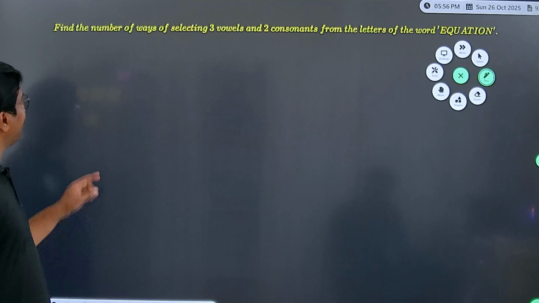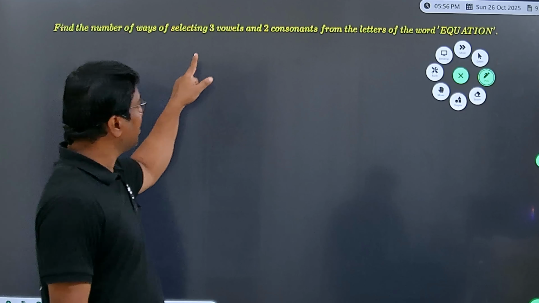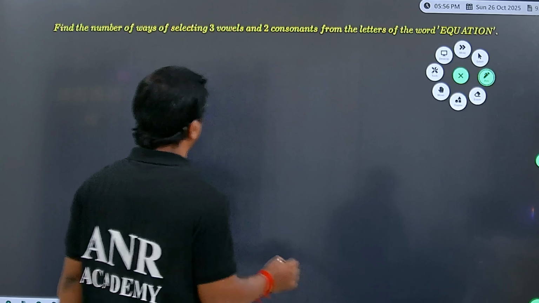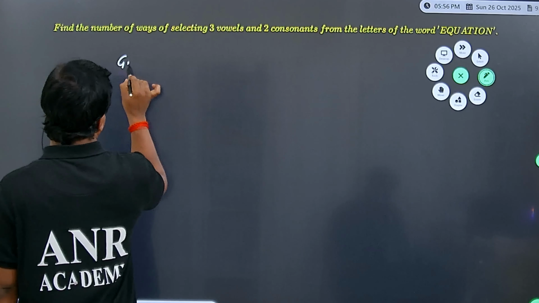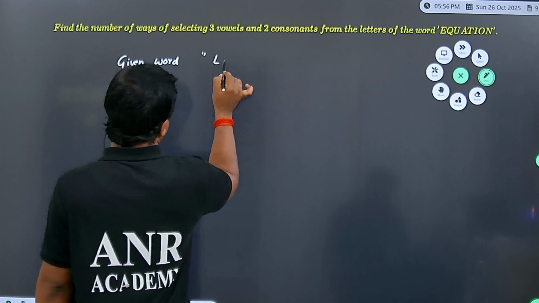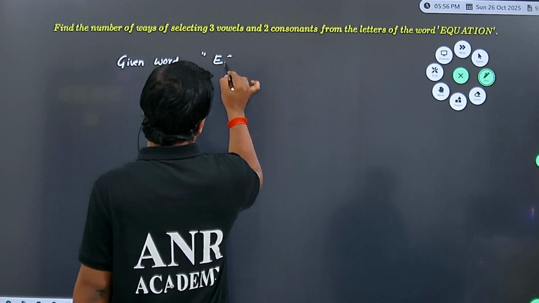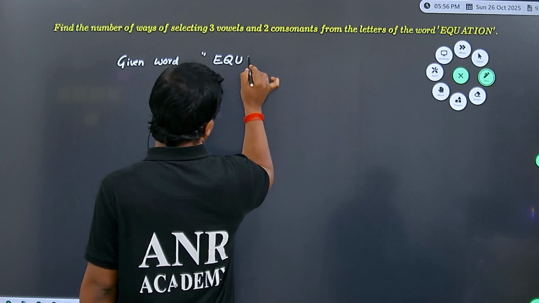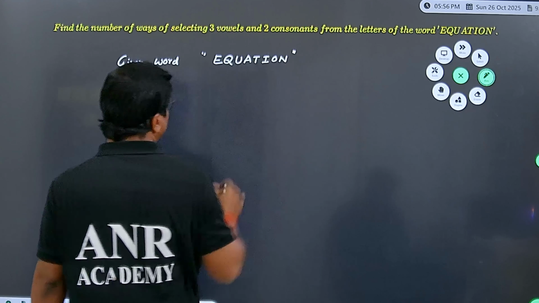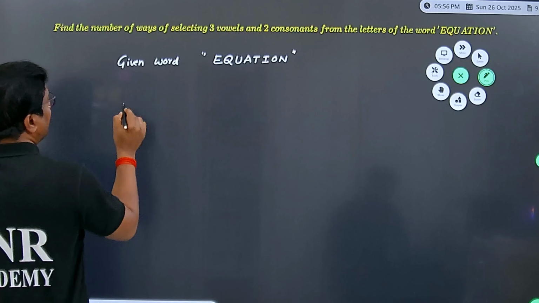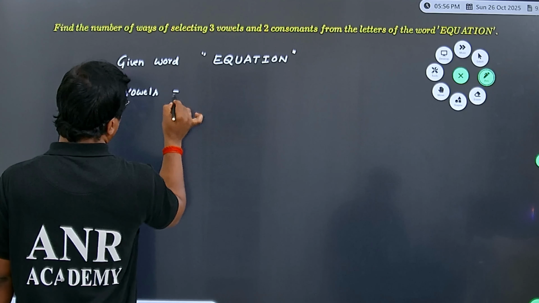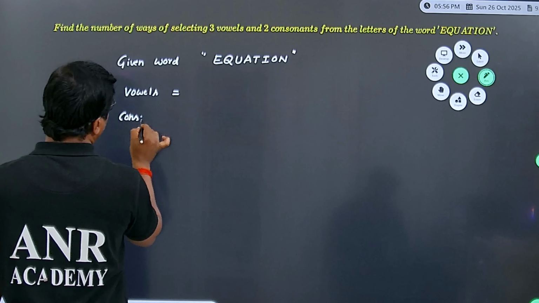Move to the next one. Find the number of ways of selecting 3 vowels and 2 consonants from the letters of the word EQUATION. First I am going to write the given word, that is EQUATION. Here I am going to write first vowels and then consonants.